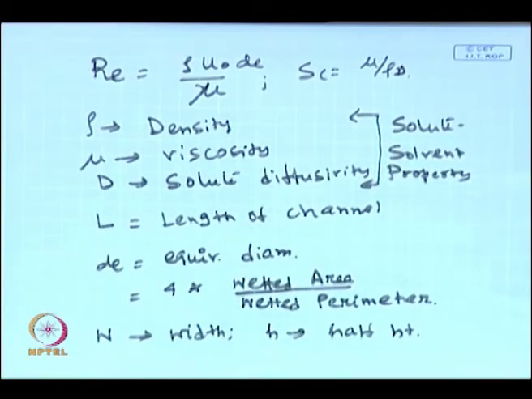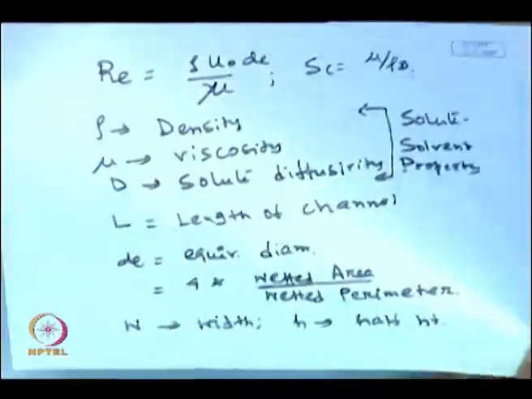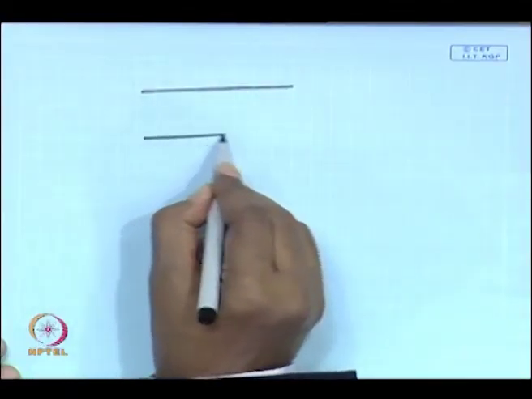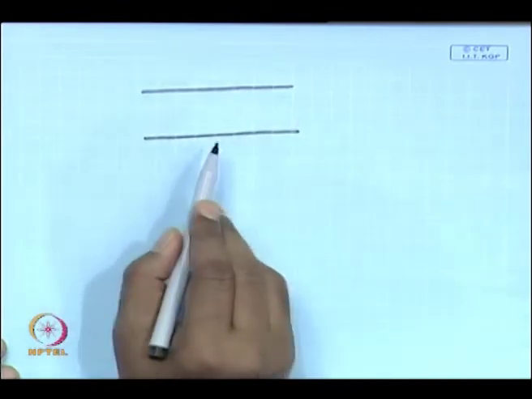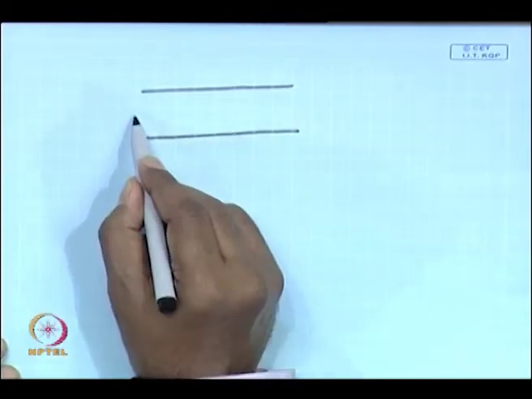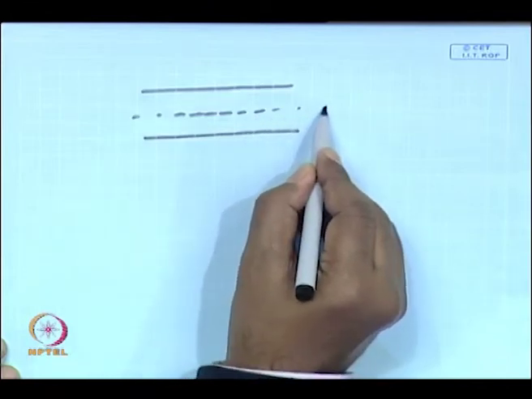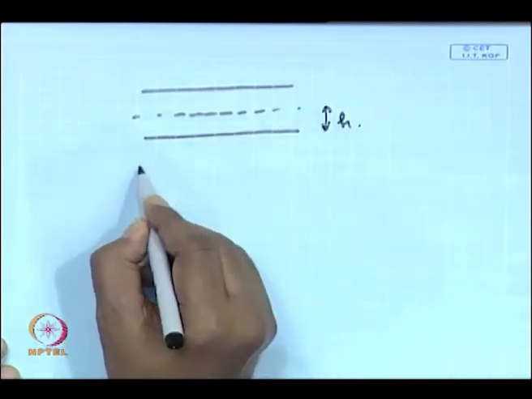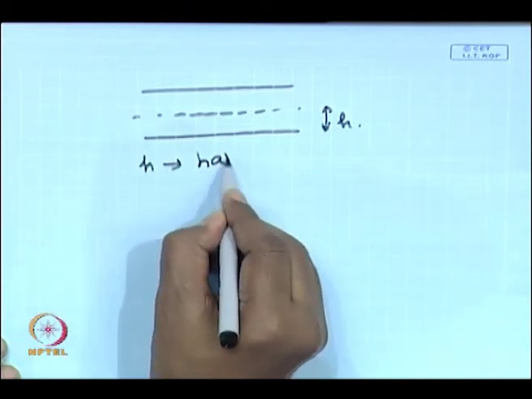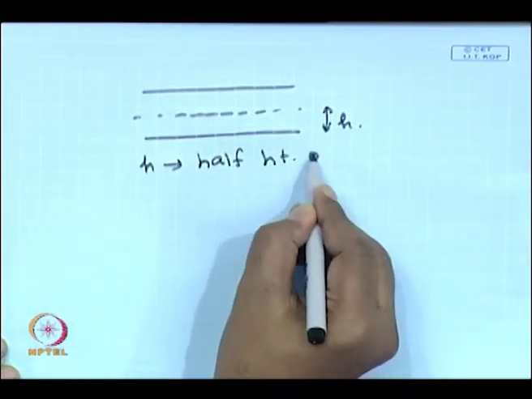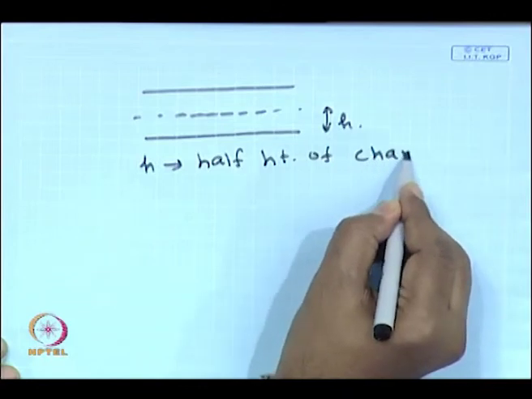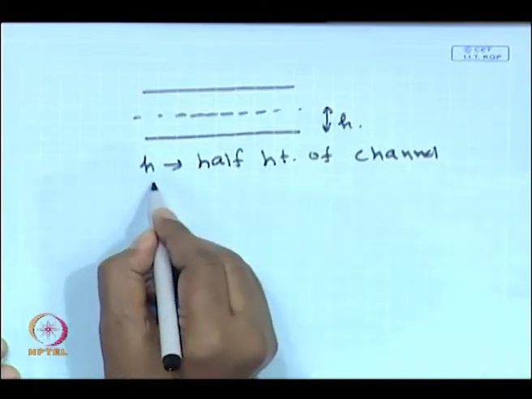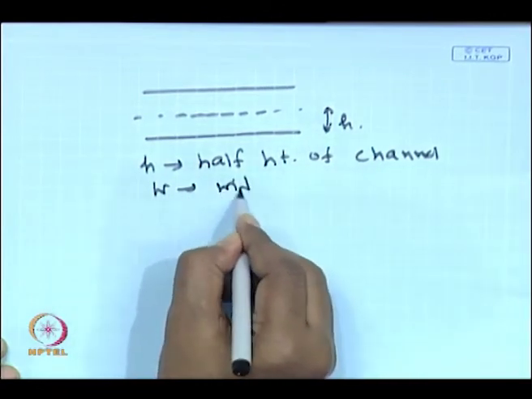Okay. So, we are talking about the equivalent diameter of a rectangular channel. Rectangular channel means there are 2 plates and flow is occurring between the 2 plates. This is the half channel height H, full channel height is 2H, and W is the width of the channel.